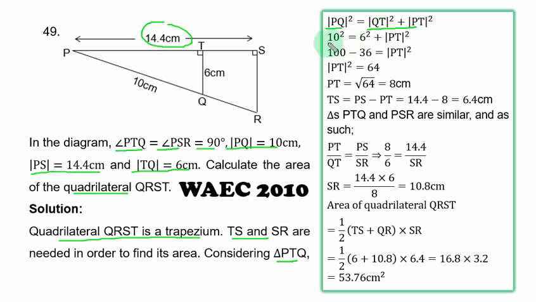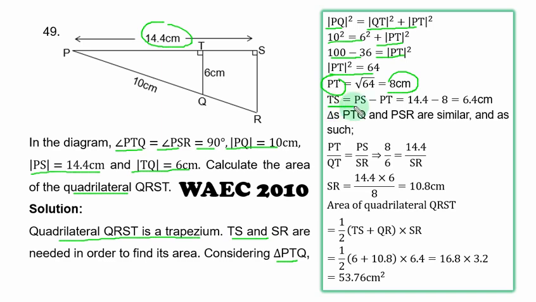You have 10 squared for PQ squared equal to 6 squared for QT squared plus PT squared. You have 100 minus 36 equal to this. PT squared is equal to 64. To get PT, take the square root of both sides and you have 8 cm.